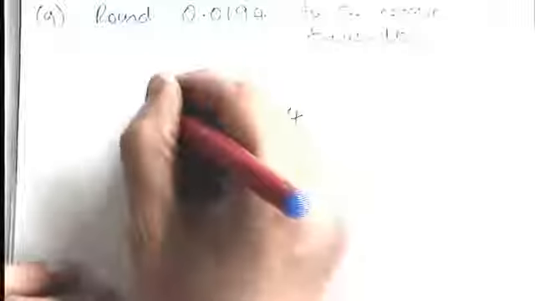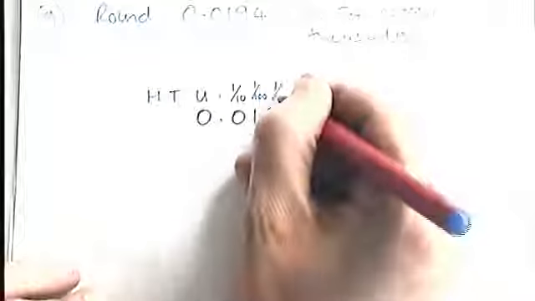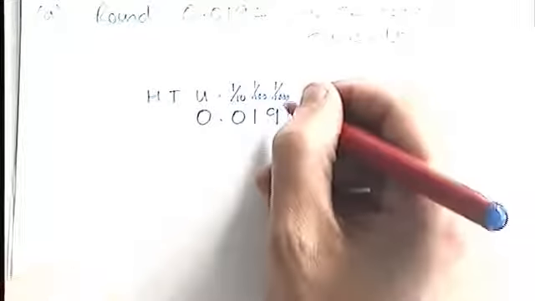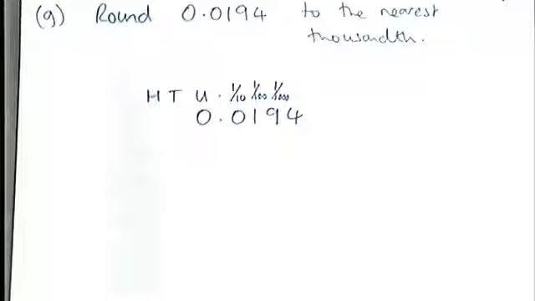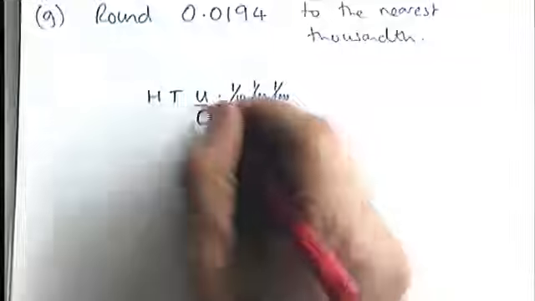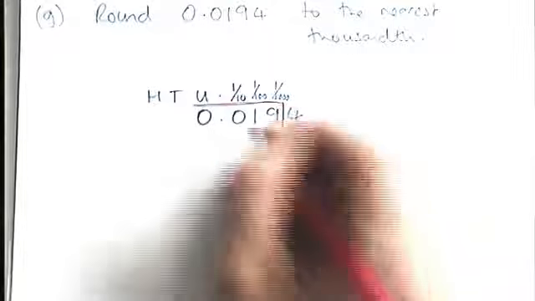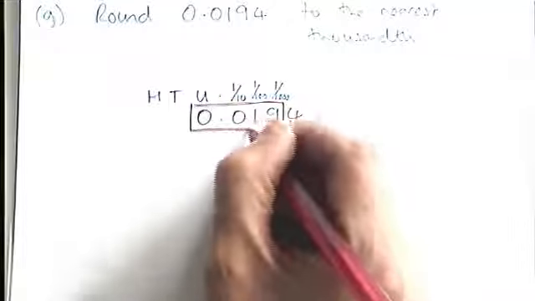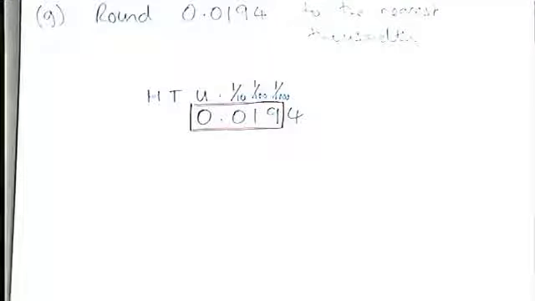You've got your hundreds, tens and units, decimal point, tenths, hundredths, and then thousandths. So that 9 is the thousandths. So what I'm going to do is put a box which goes up to the thousandths, like that. I think I've done it.